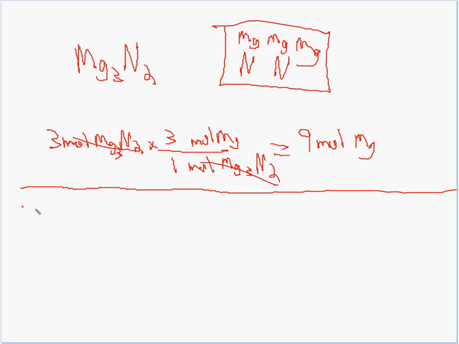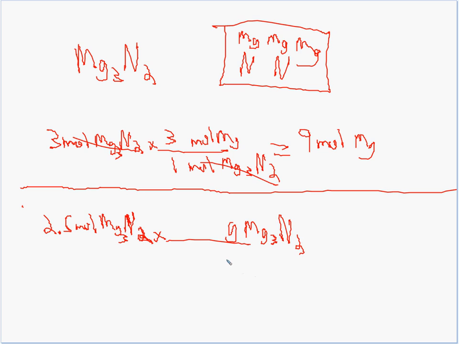So there's an example of one problem with formulas. Let's do one for molar mass. So let's do the same thing, Mg3N2. Let's say I start with, let's just pick a random number, 2.5 moles of Mg3N2, and I want to convert this to grams. So I want to go to grams of Mg3N2 from moles of Mg3N2.